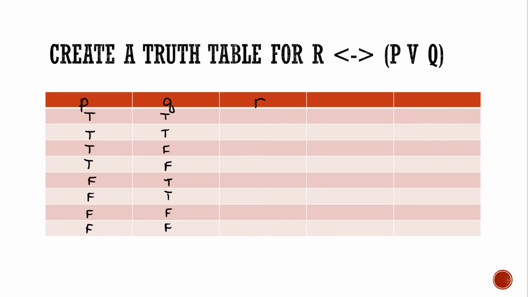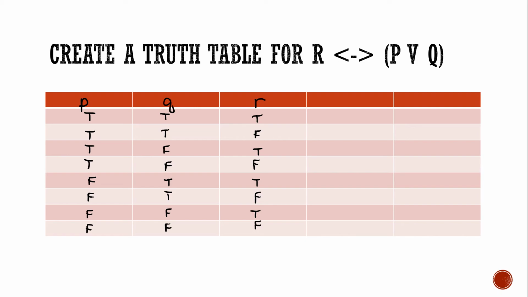And then finally for the R, again, we're going to sort of cut it in half. So we're not going to alternate every 2, but we're going to alternate every 1. So I'm going to just do true, false, true, false, true, false, and true, false.